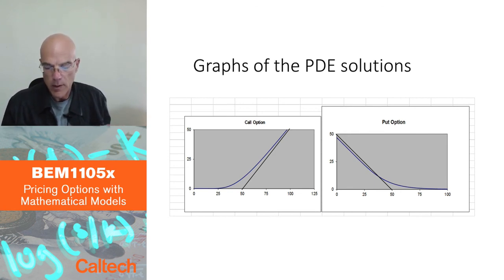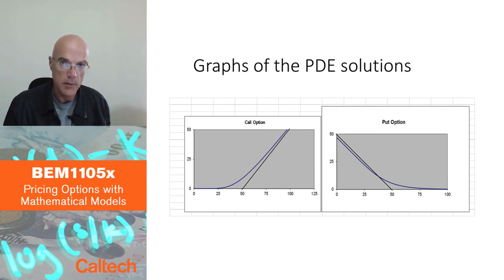In this lecture, we replicated the put option price, call option price by trading in the bank and the stock. You get a differential equation, and then for some options, like the call option, you can actually solve that differential equation, and that's the price of your option. All right, so that's it for this set of slides.